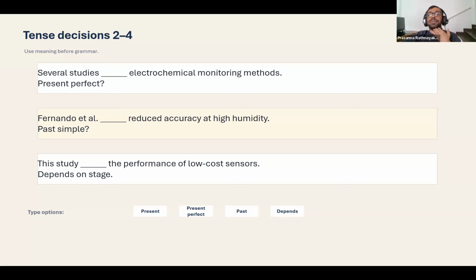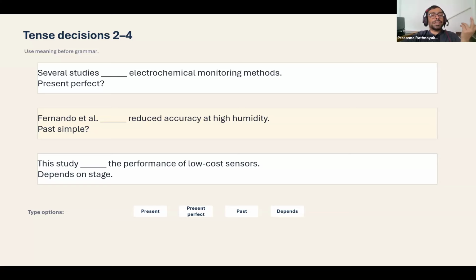Several studies have examined electrochemical monitoring methods. Choose what best fills the first sentence.